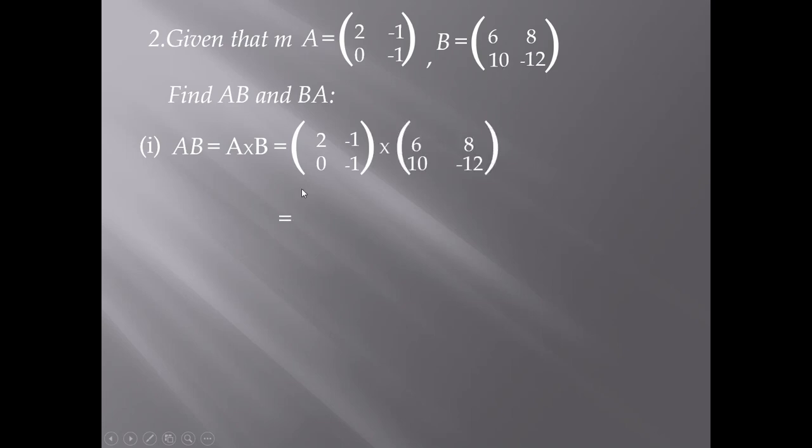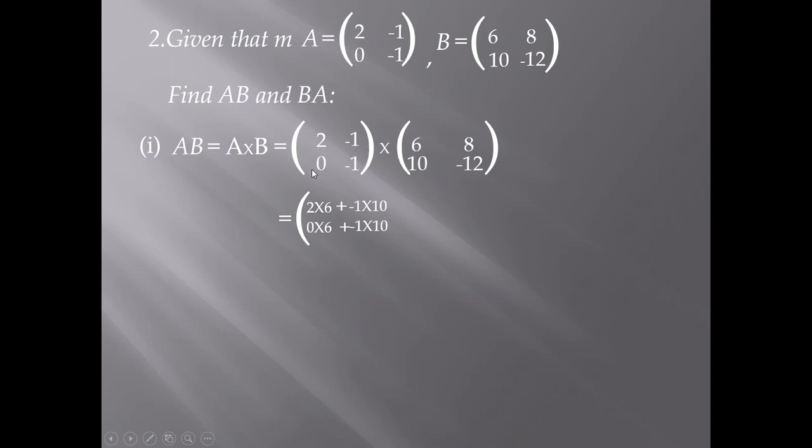Now we are going to use the same concept of multiplication. We are going to multiply row by column. So I'll take this row into this column: 2 times 6 plus negative 1 times 10.